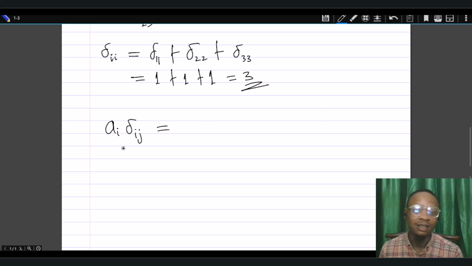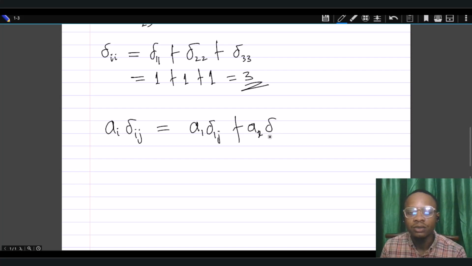So i is definitely a dummy subscript here. Because it is a dummy subscript, it has to be summed over from 1 to 3. So that means this is going to be a1 delta 1 j, j is free because it appears only once, okay, plus a2 delta 2 j plus a3 delta 3 j.